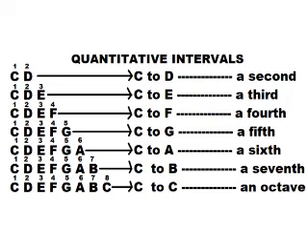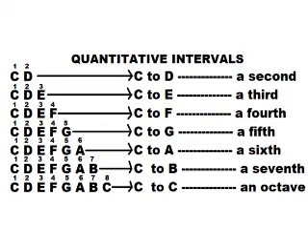Why? Because D is a second alphabet ahead of C. If I take C as the first alphabet, a second alphabet ahead of C is D. So from C to D is a second.